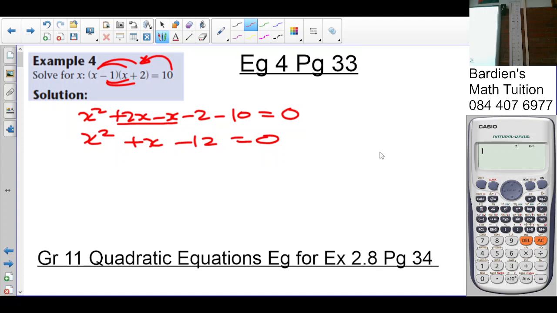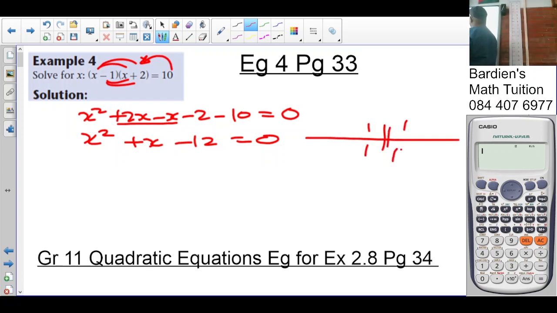Now what do we do? Am I moving too fast? No, okay. So what goes on the product line? 1 and 12, 2 and 6, 3 and 4. Do you add or subtract? Subtract because there's a negative. So 12 minus 1 is 11.